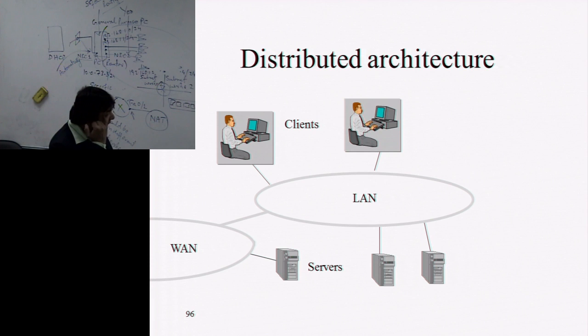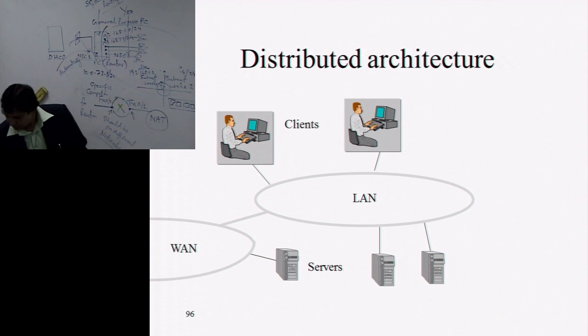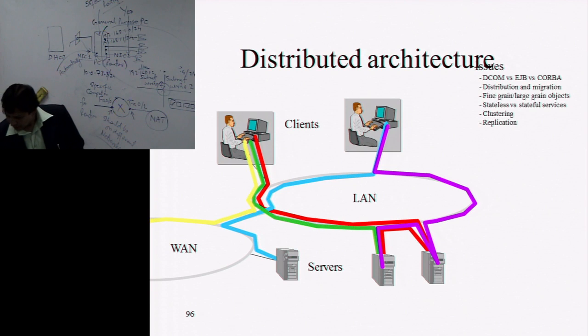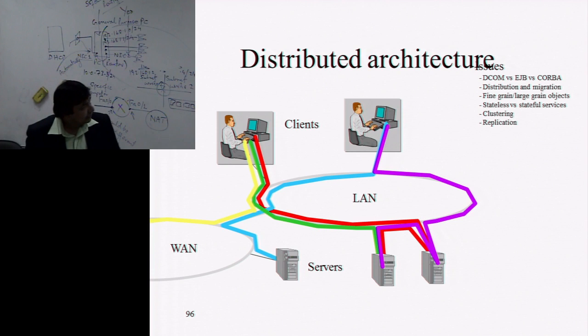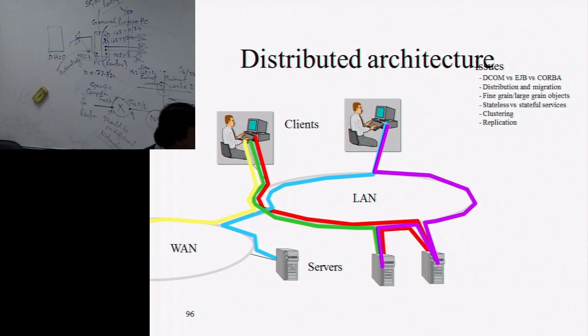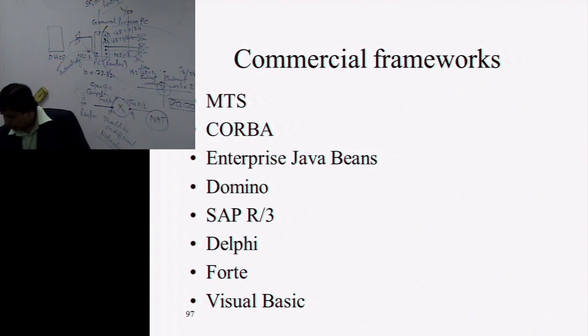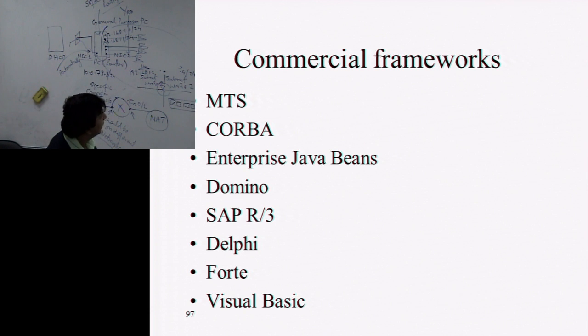Then you have the distributed architecture, and the client and the WAN environment is there, LAN environment is there. You have Corba, DCOM, and we have EJB. Have you heard about Corba? These are the popular frameworks we have.